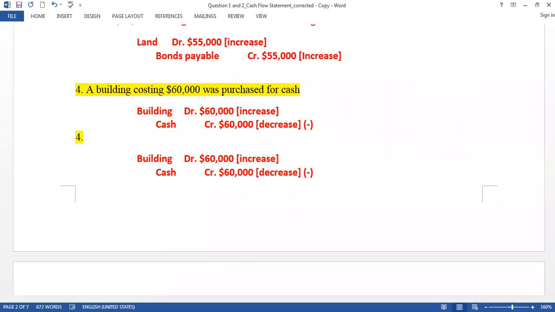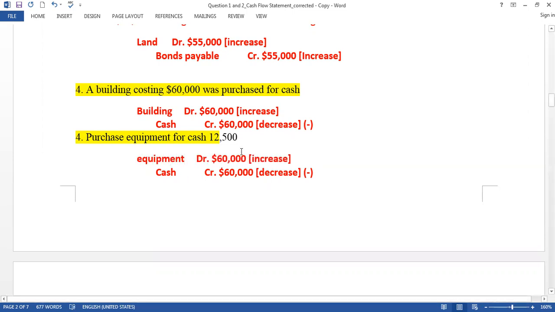The question said that purchase equipment for cash. It is 12,500. So equipment debit 12,500, and cash credit 12,500.